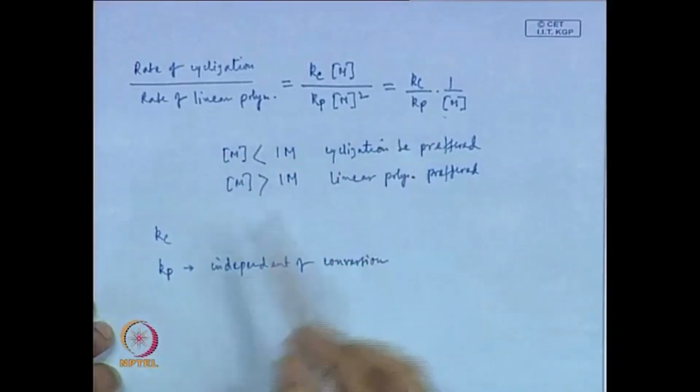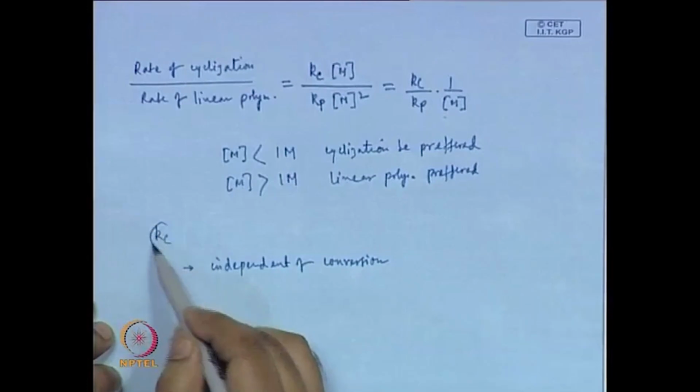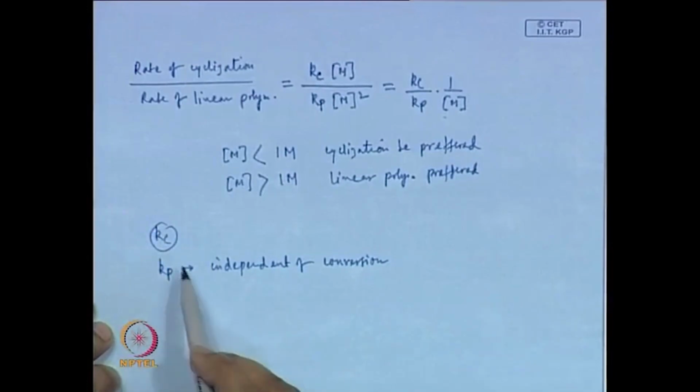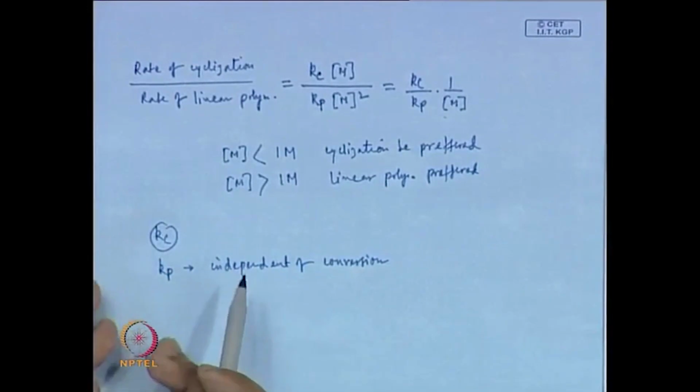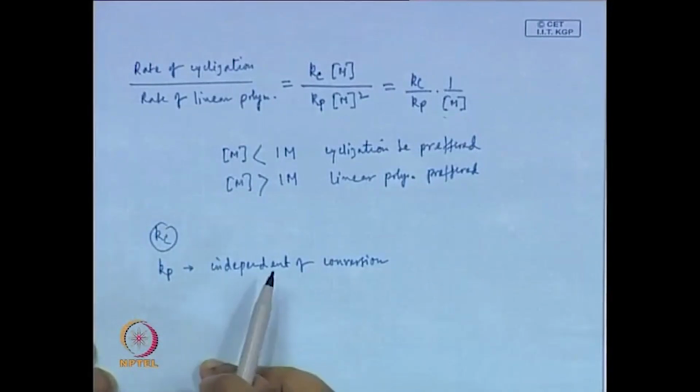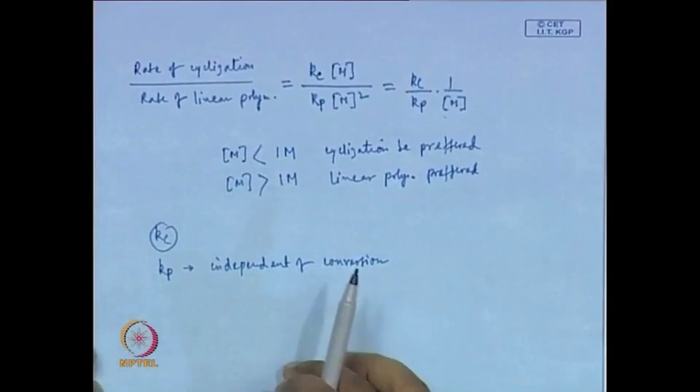Now, what happens to Kc, the rate constant for cyclization? As we have seen just now, as the reaction progresses and more and more conversion happens, the chain grows.